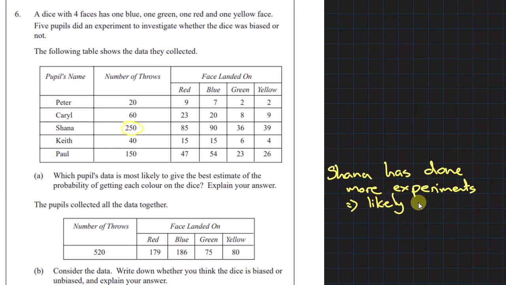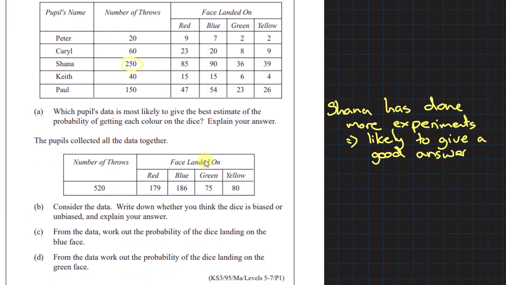So she's likely to give a good answer, if she did everything fairly. So pupils are collecting all the data together. So this is now everybody's data has been collected together. We've got 400, 500, 520 throws. And we're going to analyse based upon this table of frequencies.